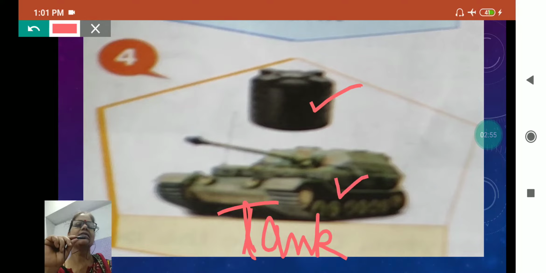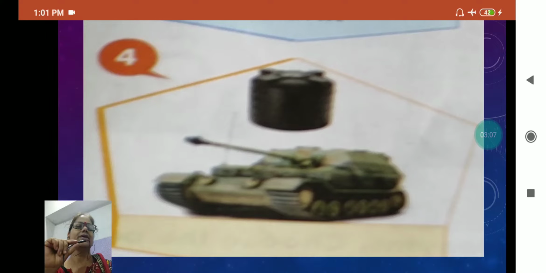And this tank soldiers use. Explosives are filled in that and they use it upon their enemies. So both have two different meanings.